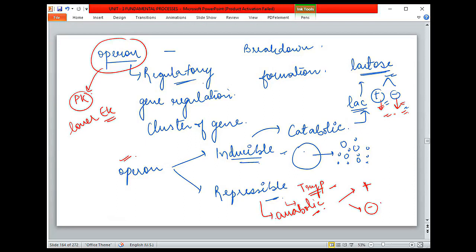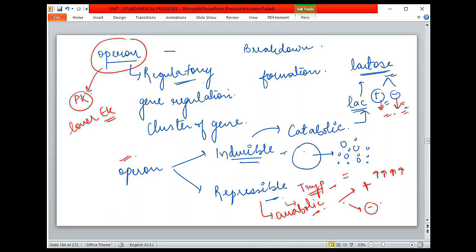Again, the body does not require the tryptophan amino acid for the complete life cycle. If the tryptophan operon keeps on working continuously, the cell would have a very high concentration of tryptophan, which could cause a negative impact on the body, right?